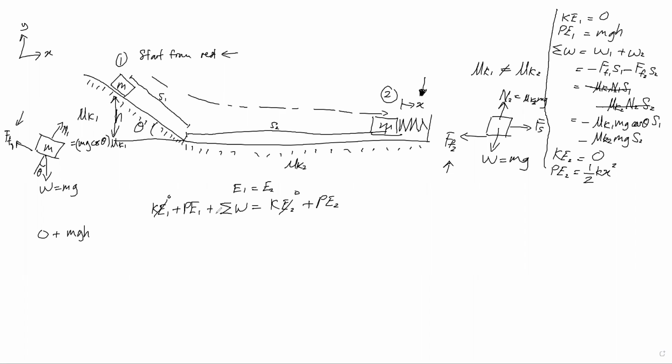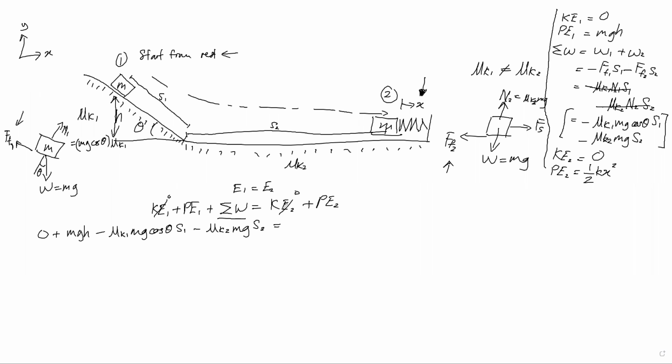Then you have this component here, which is equal to mu k1 mg cosine theta times S1 minus mu k2 mg times S2.